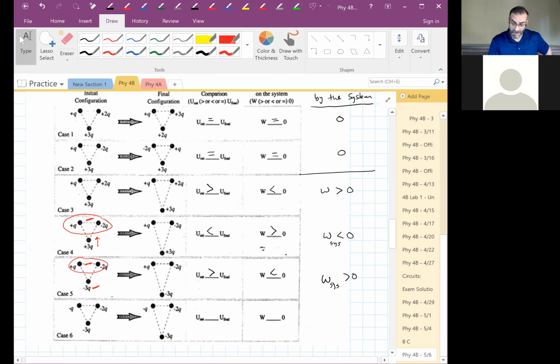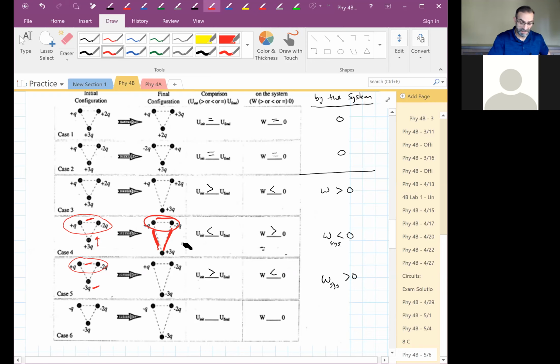Question: do these comparisons hold true regardless of the magnitude of the distances? Yes, but we're assuming that these two distances are the same, because then we can just combine those two into one big force.